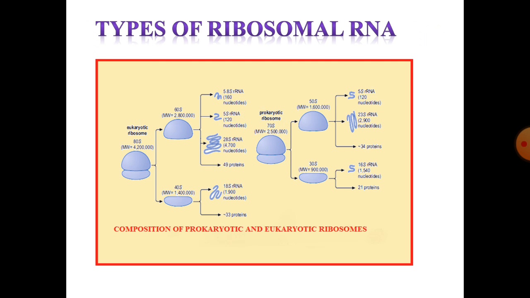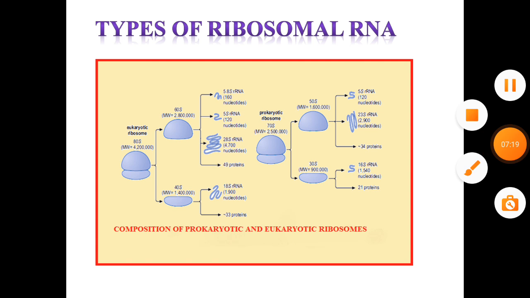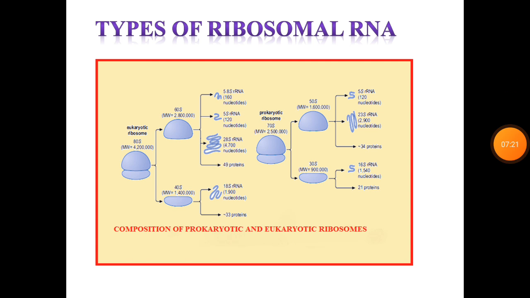Types of ribosomal RNA. Here, as you can see in the diagram, in eukaryotes, ribosomes are divided into larger and smaller subunits like the bacterial ribosome, but the bacterial ribosome is divided into 50S and 30S subunits, totally known as 70S, although many have doubts regarding why it is called 70 and not 80.